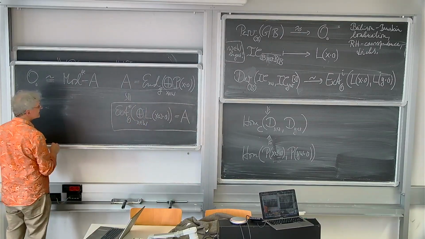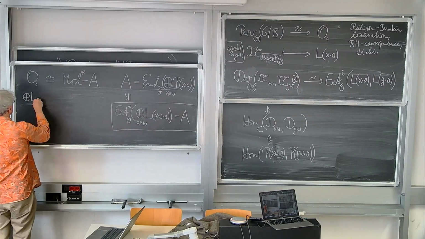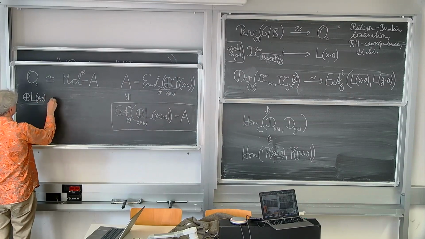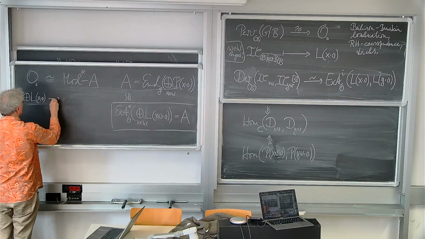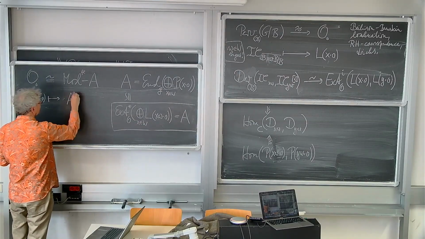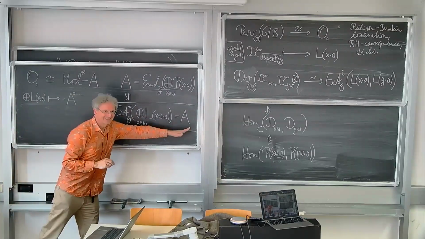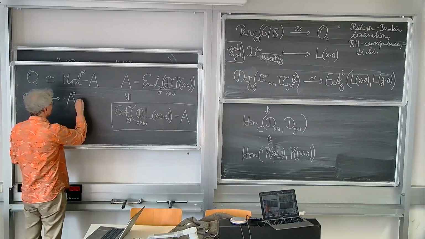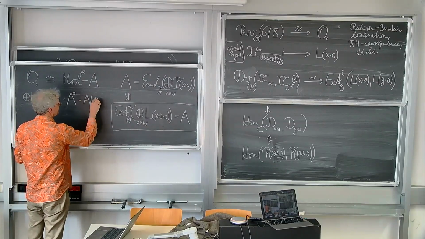Under this equivalence, the sum of simple objects, x dot 0, has to correspond to the sum of simple objects, which is just degree 0 with respect to this grading, which I would consider as a module modulo everything of bigger degree.